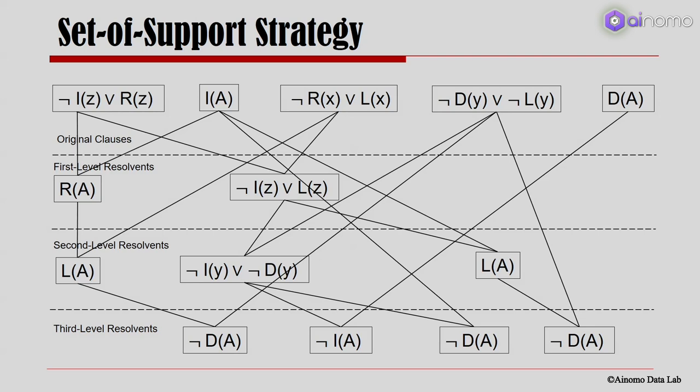So, let us see which was the path taken by my initial proof of the illustrative example. The darkened edges are the ones which have been a part of the initial refutation proof.